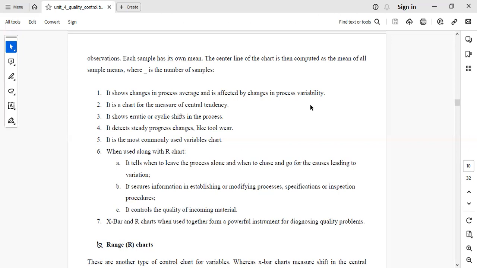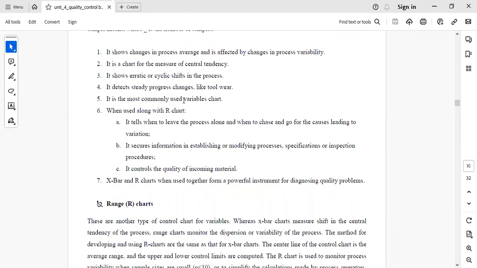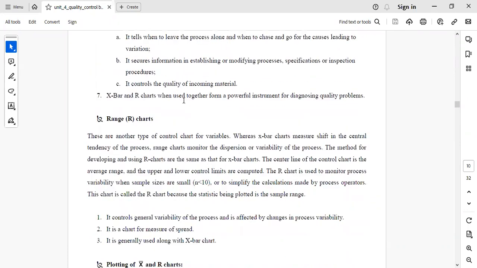That kind of variability is what helps to determine whether a process is within or outside the control limits. And basically, we also use the X bar, and you know that is a measure of the central tendency. All these I'll be sharing so that you can just go through the notes.